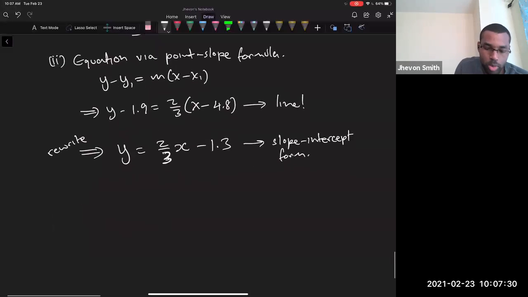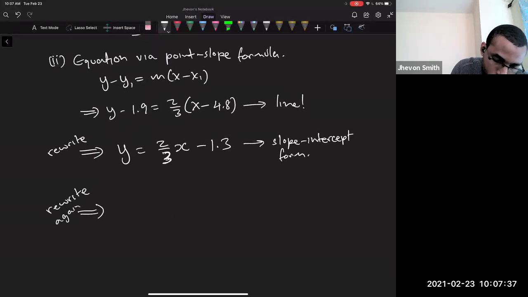But what I'm going to do is actually rewrite again into another form. It turns out that I can take this, and knowing that 1.3, I can write that as 13/10. I have two fractions where the denominators are 3 and 10. So what I can do is find the LCD, which is 30, and multiply both sides by 30. This will kill all the fractions, and I can rearrange after that.